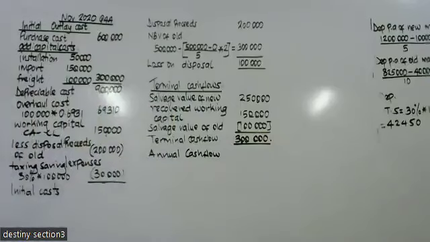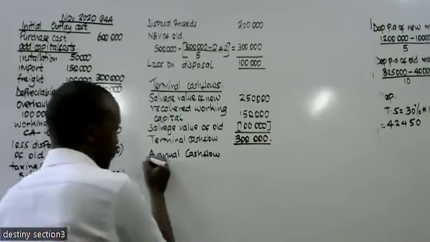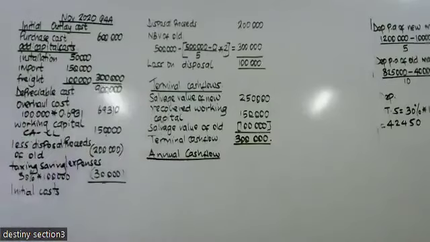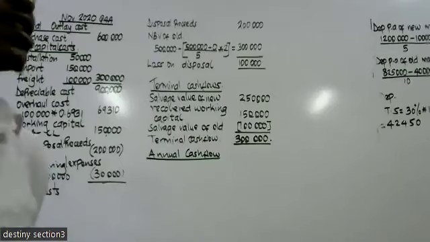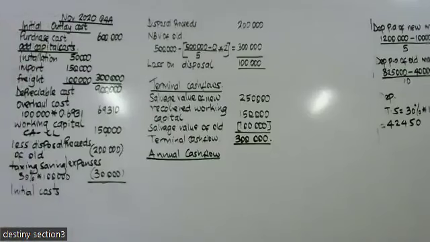Let's get our annual cash flows. Remember, the annual cash flows are normally on an incremental basis. So you compare the earnings of the old and the earnings of the new. The reason you want to replace an old asset is because the new asset promises additional what? Cash flows. Otherwise, you would not replace it. All right. So let's determine our annual cash flows.